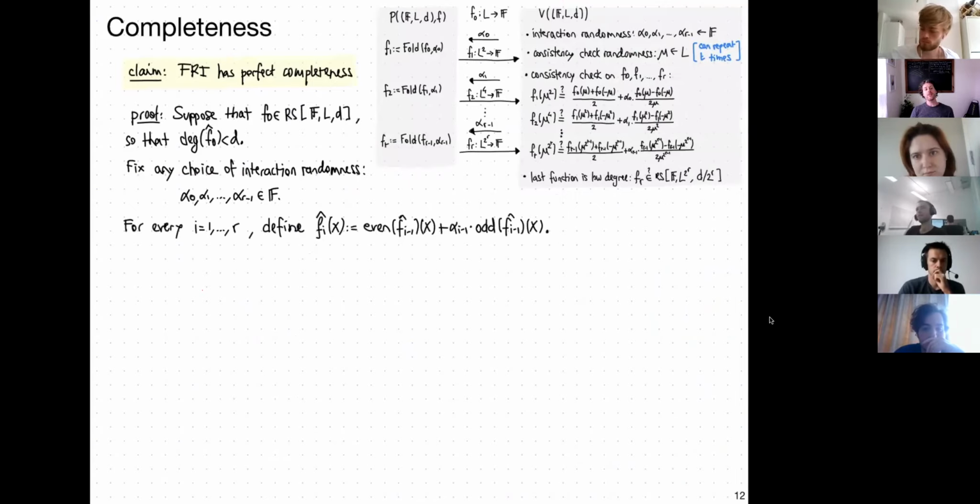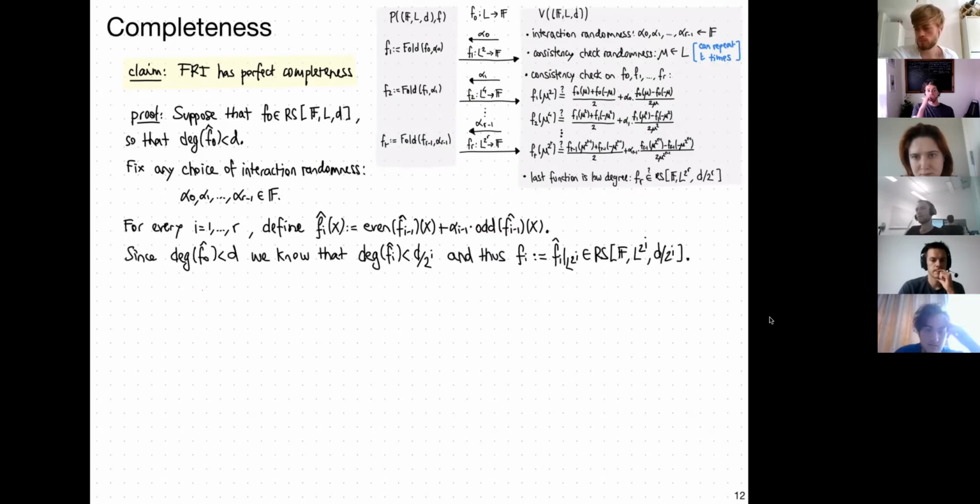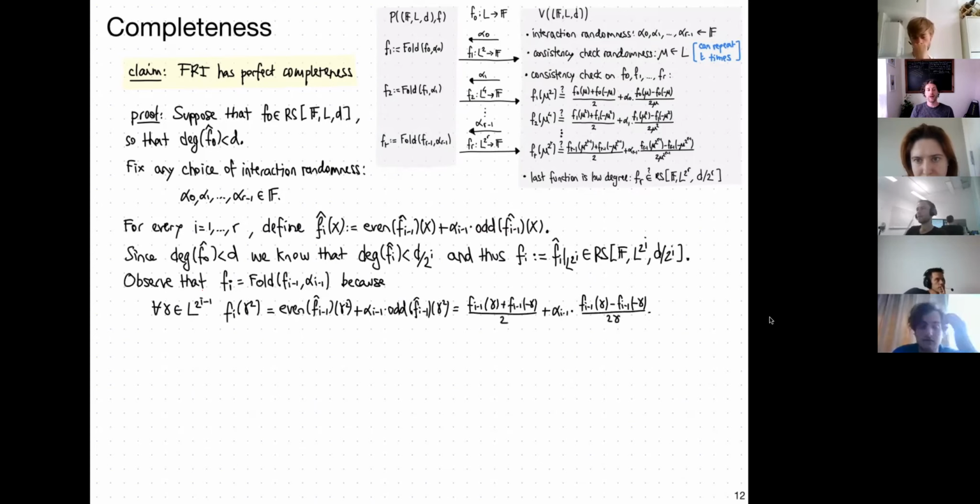When we consider the fold, taking a function to be even plus alpha times odd, since the function had degree at most d, both of the sub-functions would have degree d over 2, or it depends on the round. On the first round it would be d over 2, on the second it would be d over 4, so it would be d over 2 to the i, depending on the round. So the degree drops by half each time we fold.